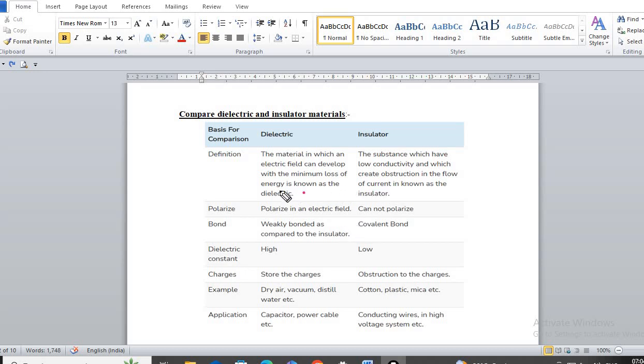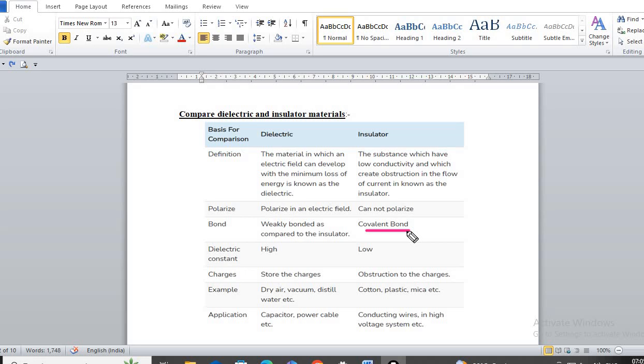Now the most important part is that dielectrics are polarizable. When an electric field is applied, this material gives some polarization in the system. But in an insulator, there will be no polarization. In an insulator, very few free charges are available in the conduction band. The bonding is sufficiently strong that electrons cannot overcome it.